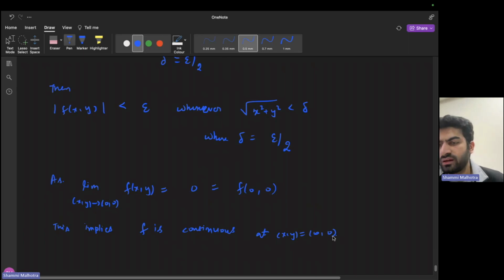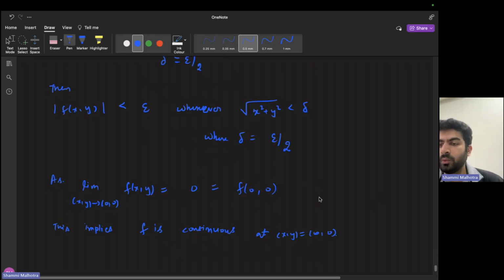Okay, I hope that clears this particular question. You just have to first calculate the iterated limits to have an idea of what the limit could be, and then try to bound the function, and you will see eventually whether you can bound it or not.